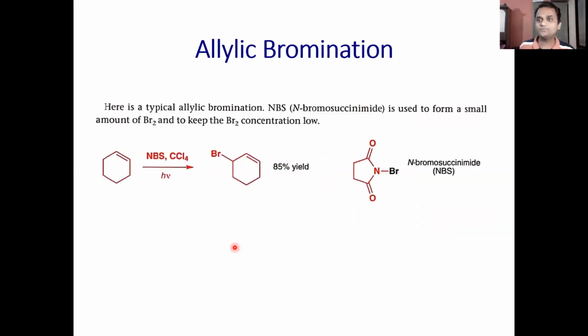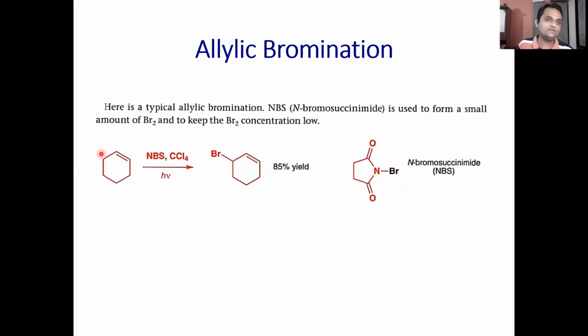Then the next point is allylic bromination. Here is a typical allylic bromination with NBS, N-bromosuccinimide. See the structure: bromine is attached to nitrogen, so it is N-bromo, and this is succinimide. It is used to form a small amount of bromine and to keep the bromine concentration low.